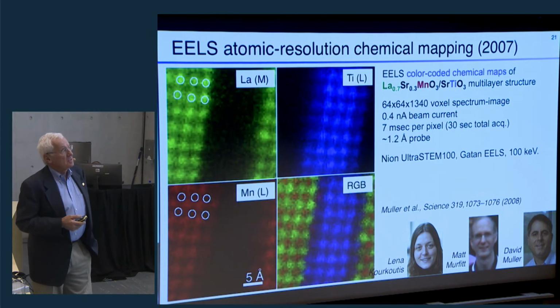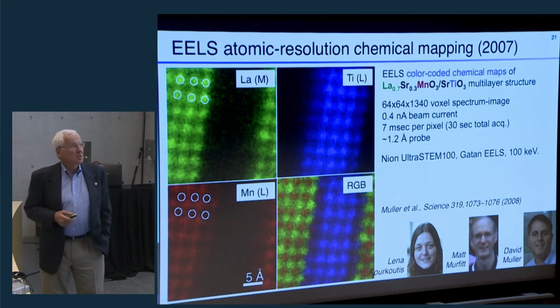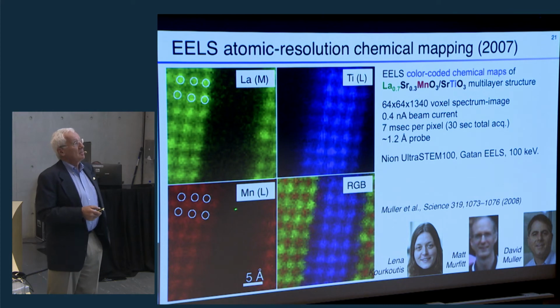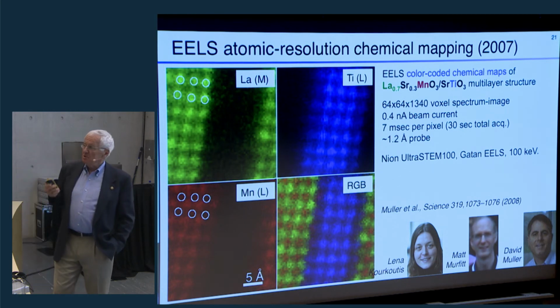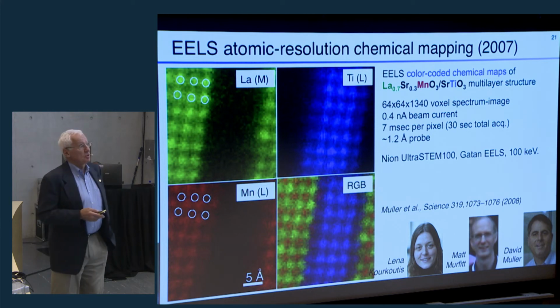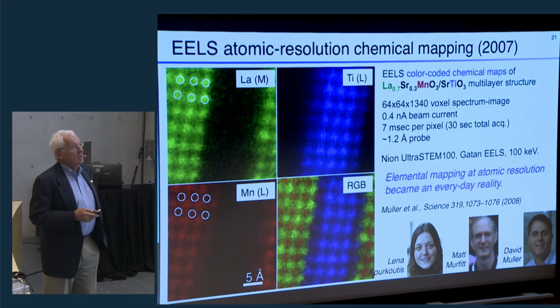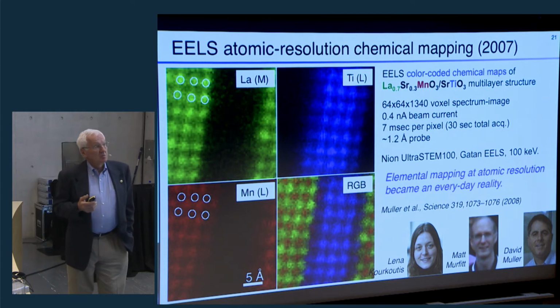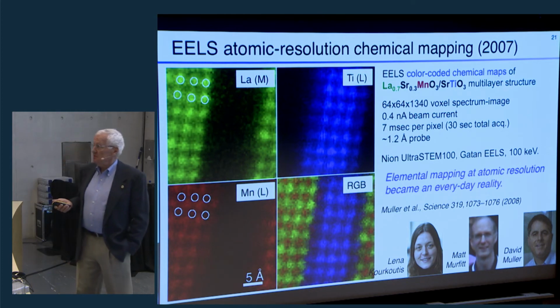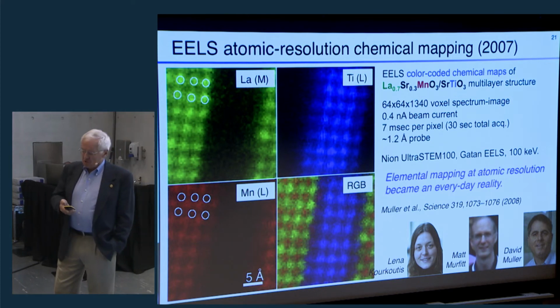And you can translate it into color-coded maps, lanthanum, titanium, manganese, and you can combine them into RGB, and you basically have the capability to map the composition of the sample at atomic resolution. Quite important, and elemental mapping at atomic resolution has become everyday reality in aberration corrected STEM.